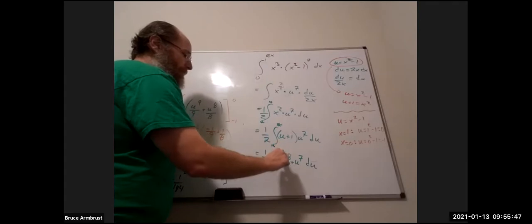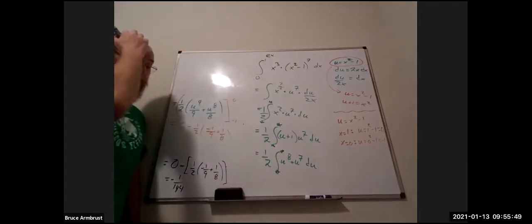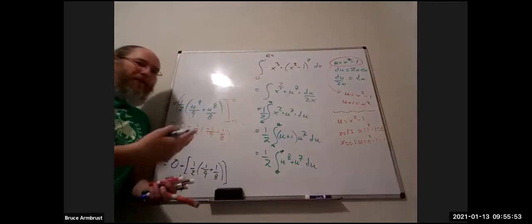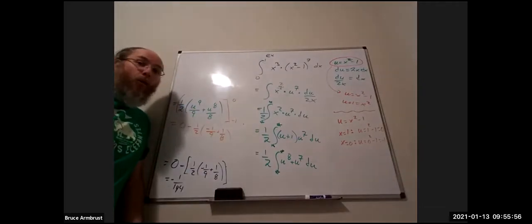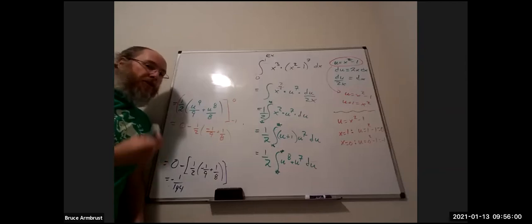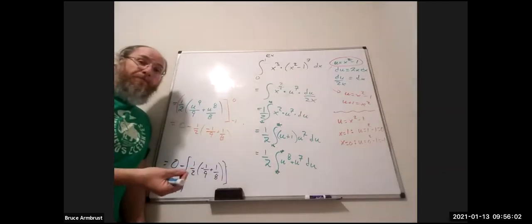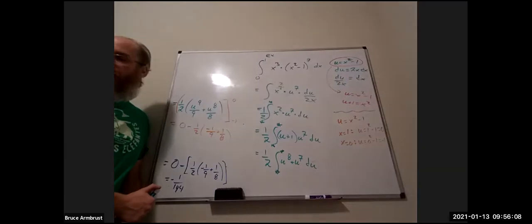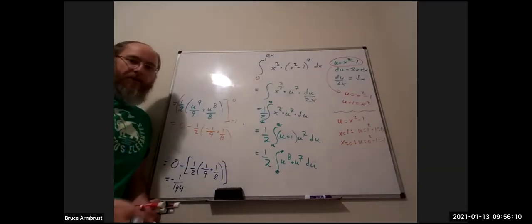So I put little stars here to remind me that there actually are bounds, but I've got to substitute back in and so on. Ugh. Why, if you don't have to? It's a lot easier to use your substitution just to plug in the numbers to find out what your new bounds are. All right, so that's pretty much the idea behind substitution.